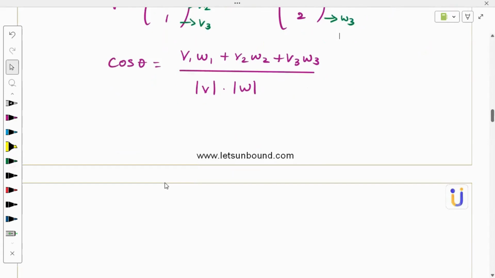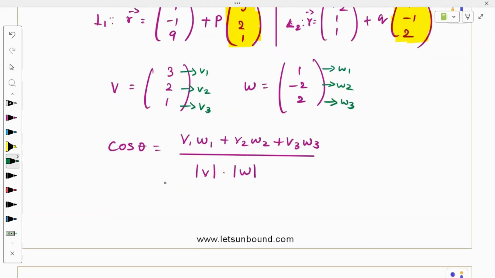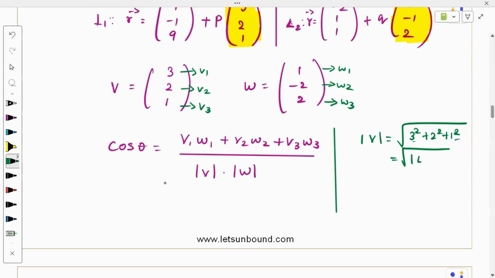And modulus V and W, let's find it over here. Modulus of V is the square root of 3 square plus 2 square plus 1 square. These are simple calculations, so I'm not showing the calculator. 3 square is 9, 1 square is 1, 9 plus 1 is 10, 10 plus 4 is 14, so root 14. And what is modulus of W?